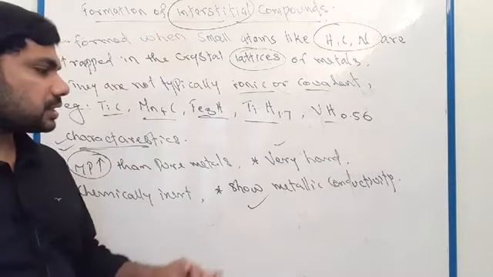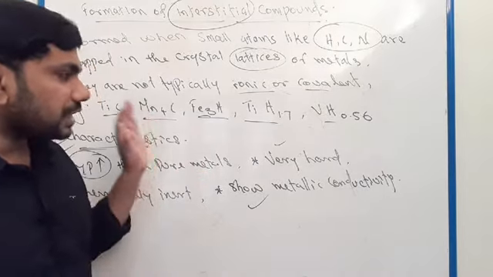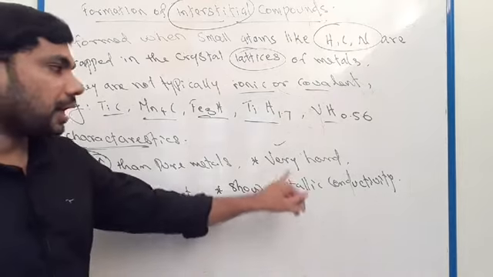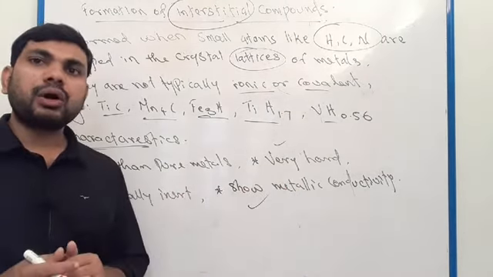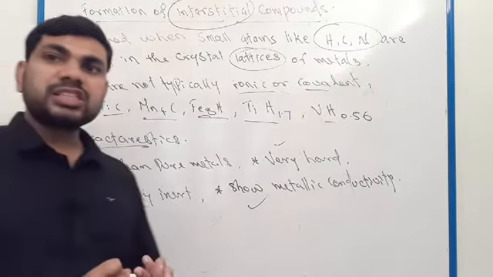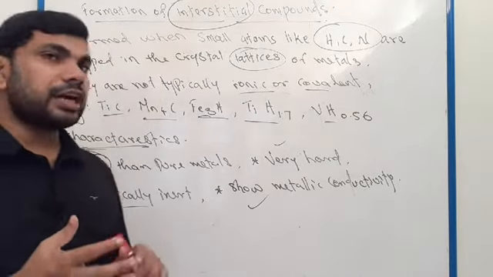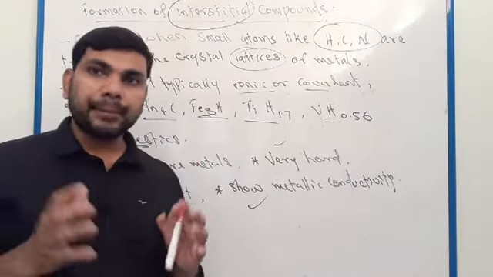Compared to pure metals, they show very high melting and boiling points. Also interstitial compounds are chemically inert. So interstitial compounds are formed when small elements such as carbon, hydrogen, nitrogen are trapped in the lattices of the metal.